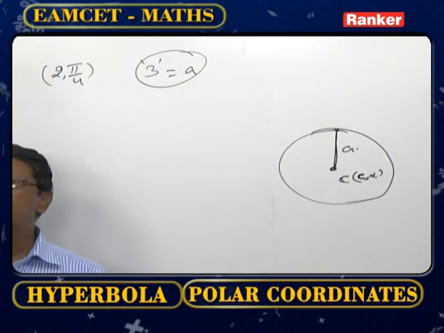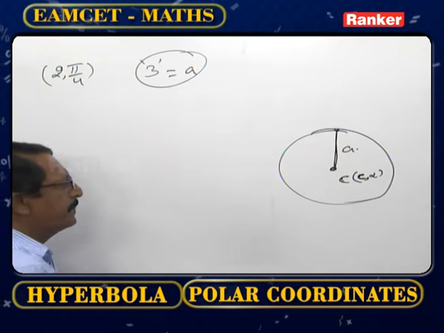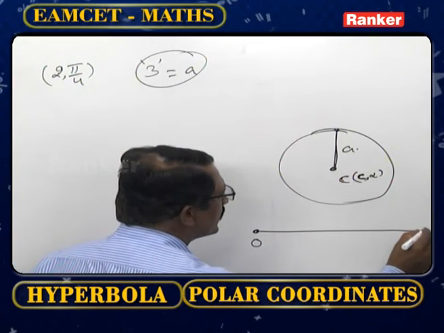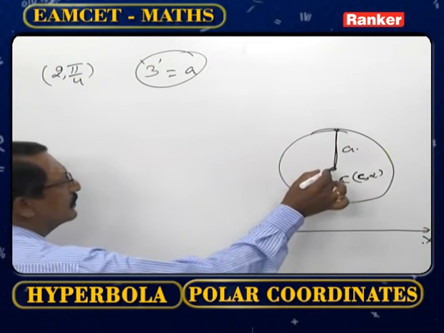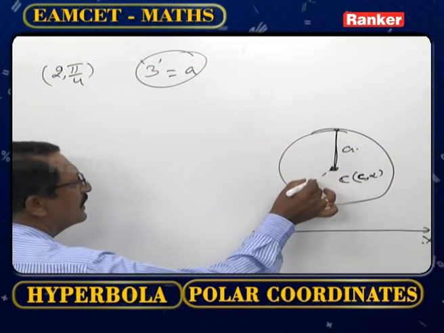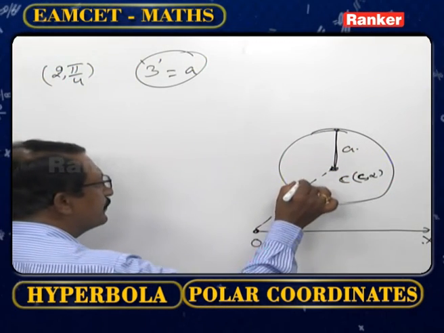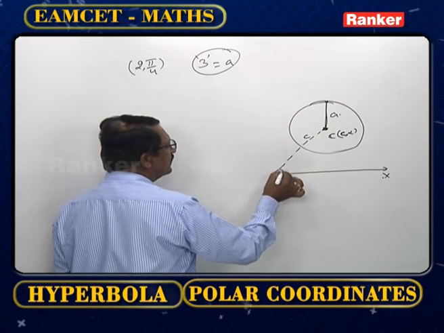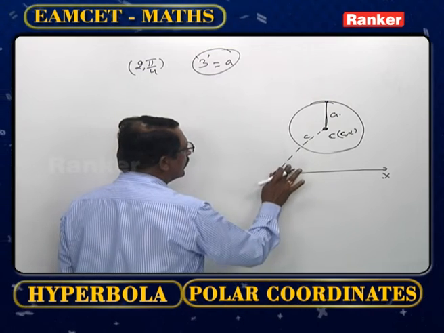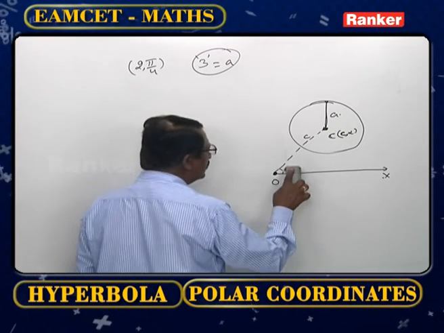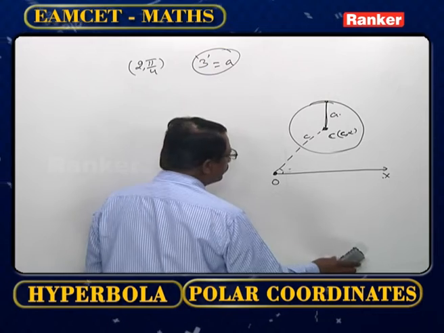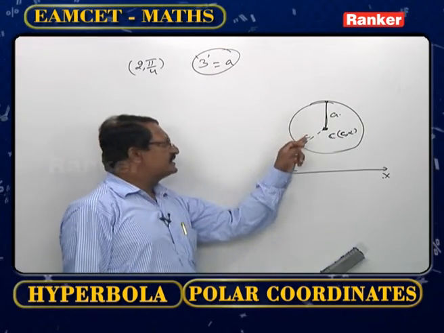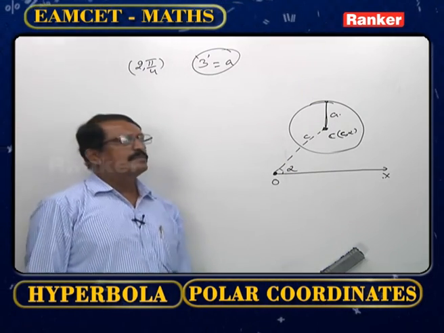Now the required equation is the polar equation of the circle. Let O be the pole, OX the polar axis. Now the coordinates of the center are C comma alpha, then OC equals c, the distance between O and C is c units, and OC is inclined at an angle alpha with the polar axis.